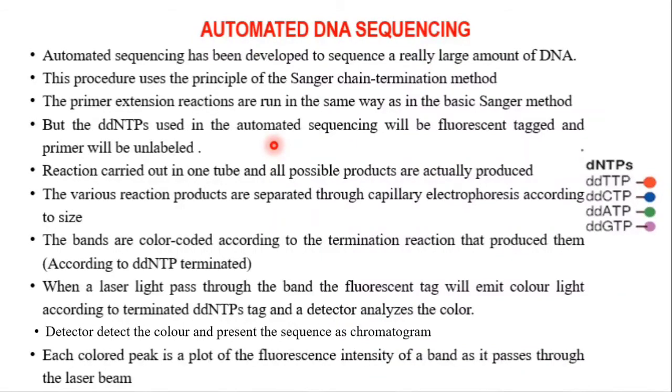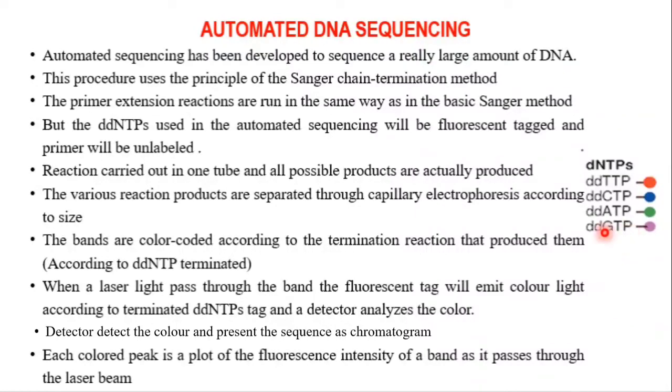In Sanger's method, we use one tube for ddTTP, a second tube for ddCTP, another tube for ddATP, and another tube for ddGTP. But in automated DNA sequencing, we do all procedures in a single tube.